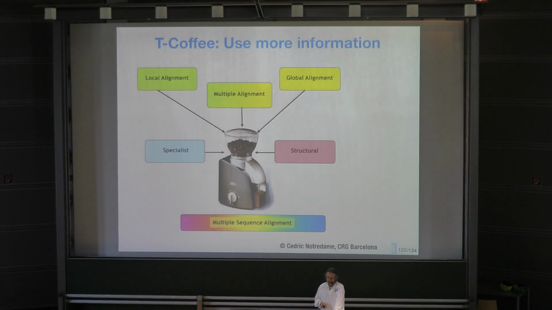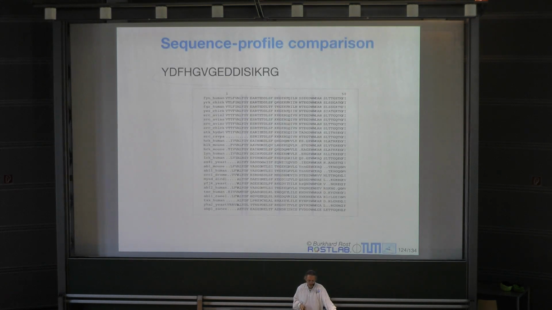And that method is called T-Coffee. Again, it uses multiple alignments, local alignments, global alignments, it can use structural information, it can use specialist information. All of this can come in simply as constraints that feed the fitness function of the genetic algorithm, and then you crank the handle and you get out the best alignment that uses all of these constraints.